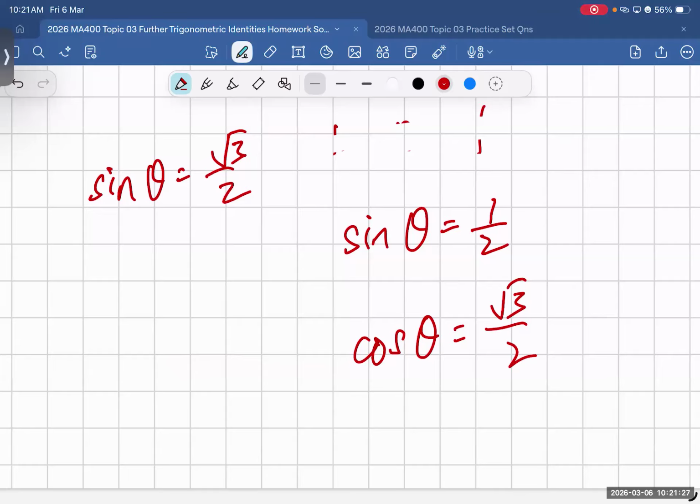Jialin again. Cosine theta is half. What's the answer? Give you time, don't worry, slowly. If you know the answer, you know the answer already. What's the answer? Square root 3/2.